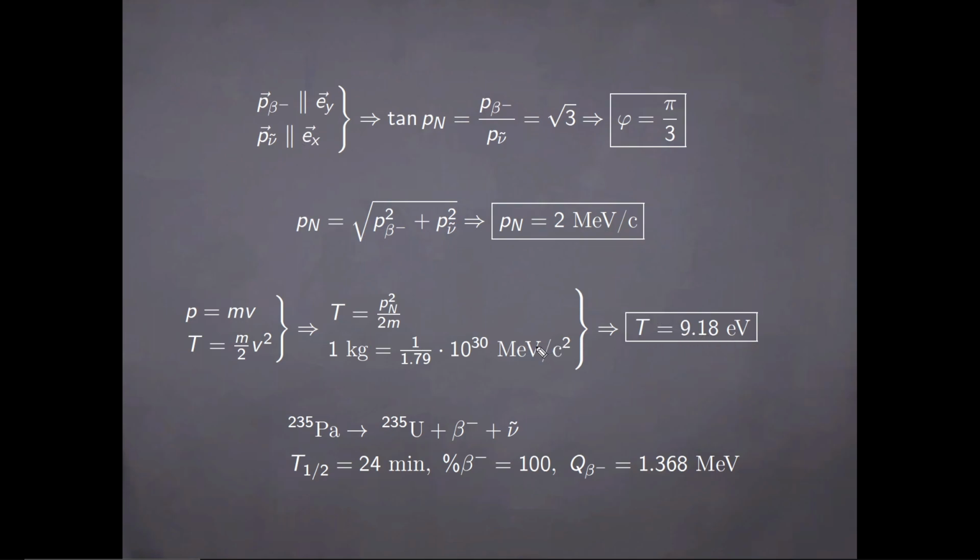In any case, with the data provided by the problem, it appears that the reaction described should be the decay of protactinium 235 into uranium 235 plus an electron and plus an antineutrino.